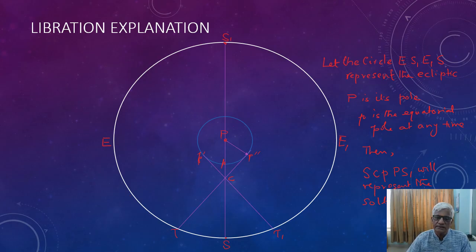Let the circle ES1, E1S, this large circle, represent the ecliptic. P is its pole. The small p is the equatorial pole at any time, and the small p is going around in this blue circle around the equinoctial pole, and this circular movement is the precession.